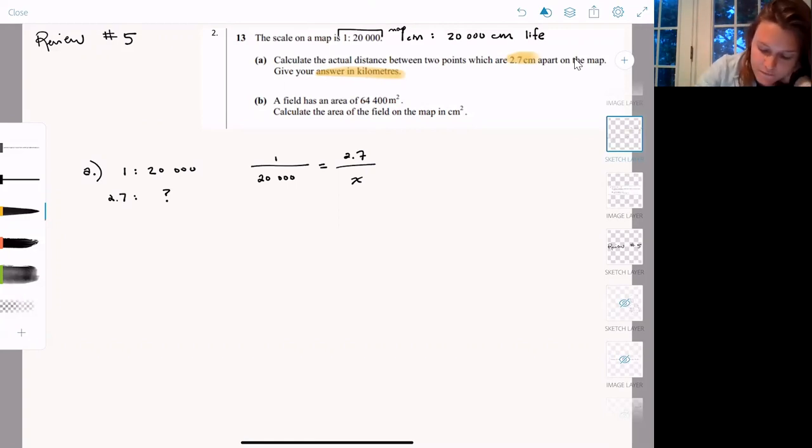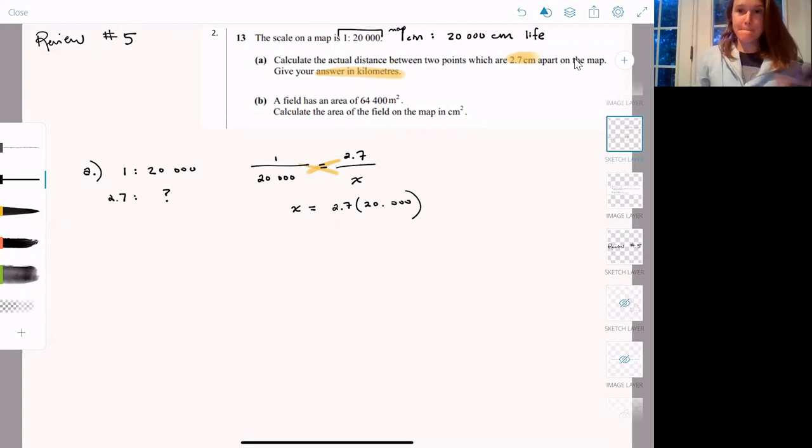Now we cross multiply. 1 times x equals x, and 2.7 times 20,000. I can do this by hand. Double 7, 14. 5.4, and then add 1, 2, 3, 4 zeros.